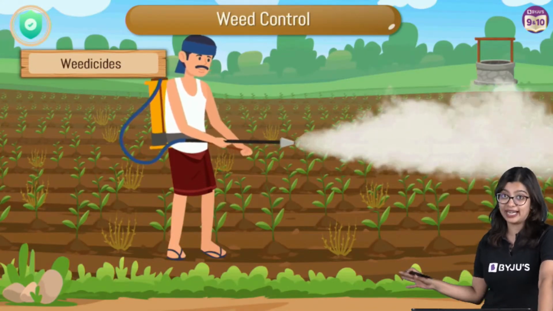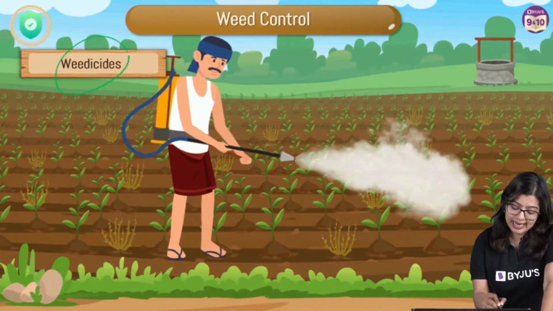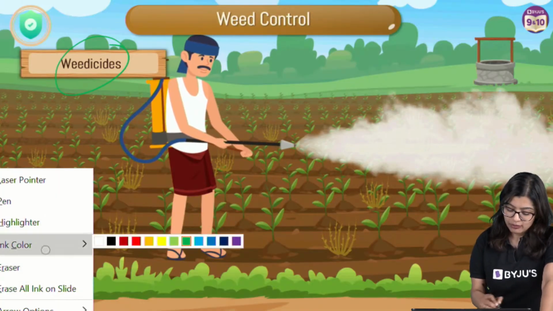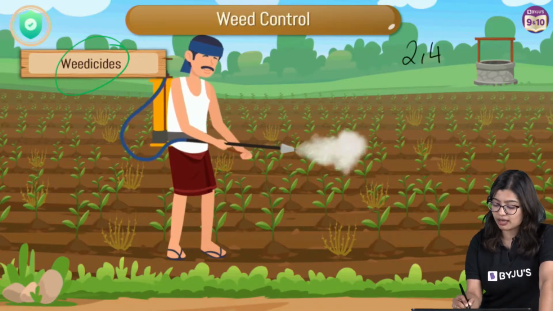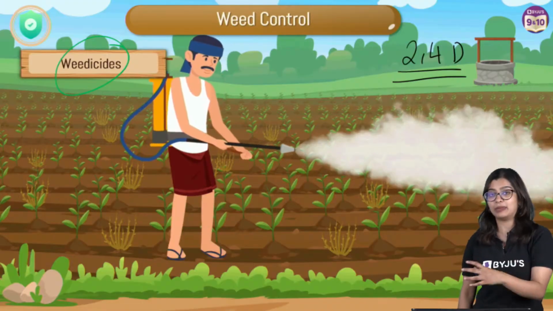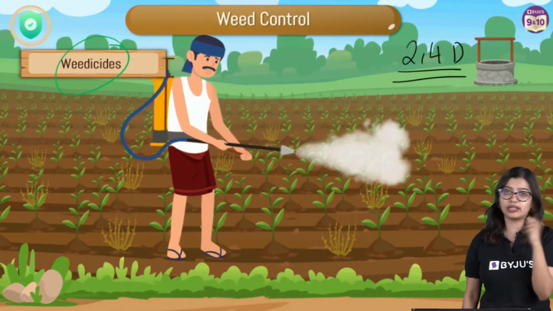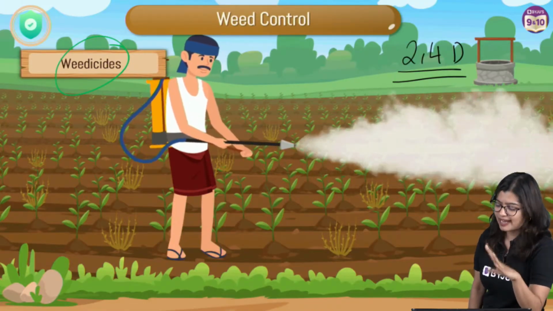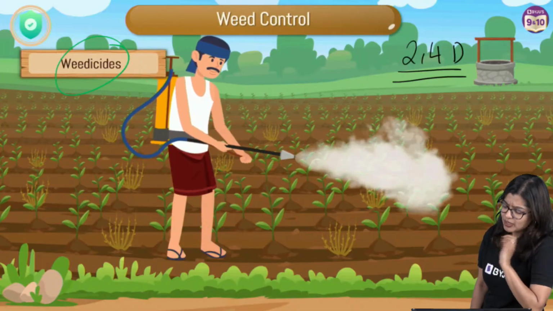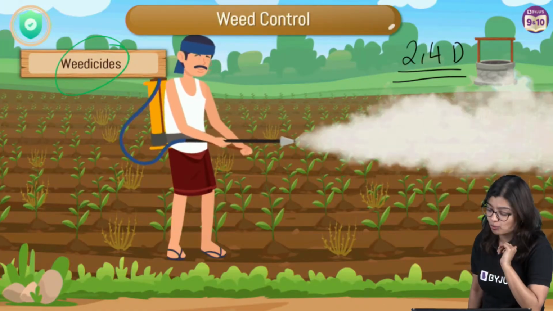Even in the case of weeds, right? Weedicides can be sprayed. Weedicides like 2,4-D are chemical substances that can be sprayed on the plants to get rid of weeds. But again, long term, that is not very ideal, which is why preventive methods are more recommended.